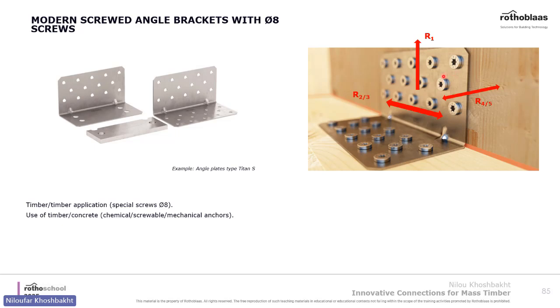The other thing is we have used bigger diameter screws instead of nails. This means less fasteners to be installed on the job site, and it also helps with increasing tensile capacity in the R1 direction, as you see here.